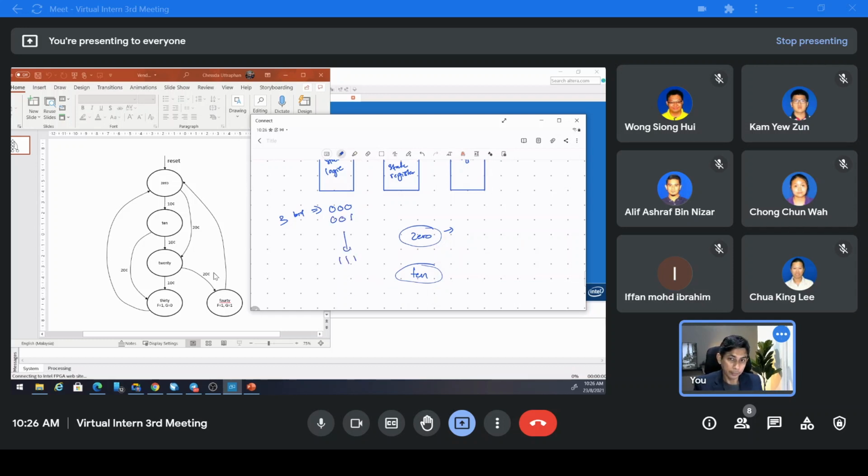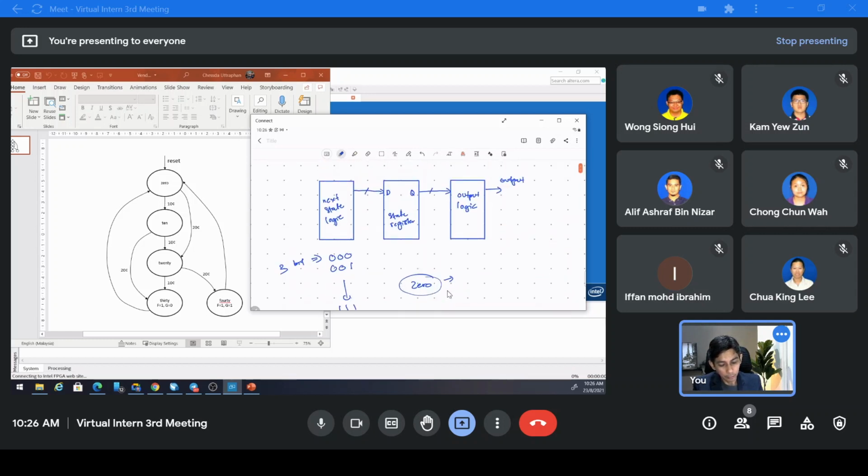So we have 8 combinations. Now with 8 combinations, of course we can represent all the states, because we have only 5 states. So in this case, we must use at least 3 bits, meaning that we use 3 flip-flops.